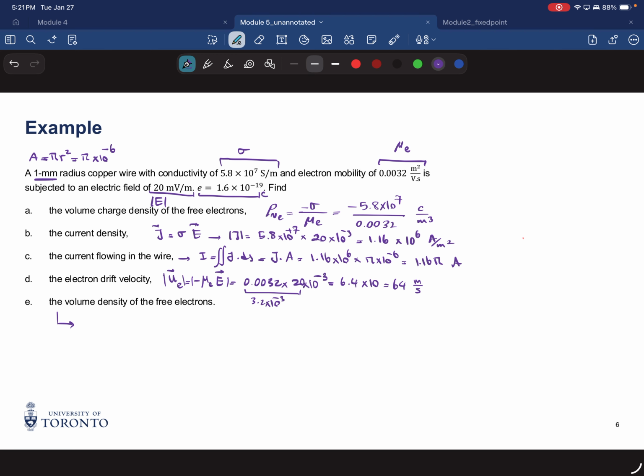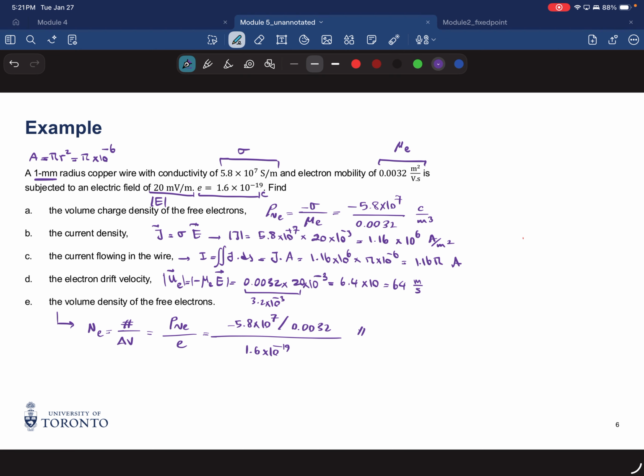Now, the volume density of the free electrons. Volume density is Ne. It's the number of electrons per unit volume. And that's going to be rho VE over E. So we found rho VE to be minus 5.8 10 to the power of plus 7 over 0.0032 over 1.6 10 to the power of minus 19.